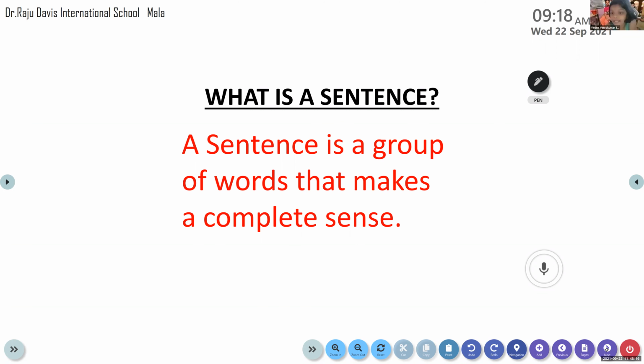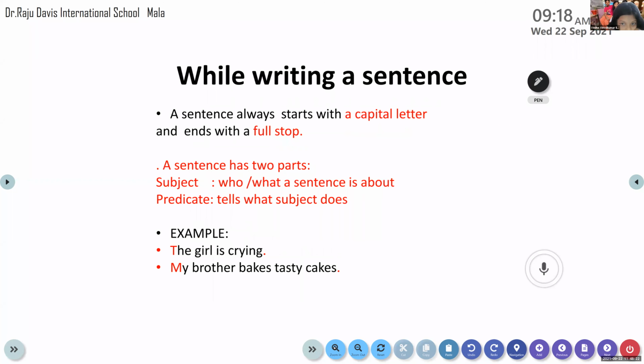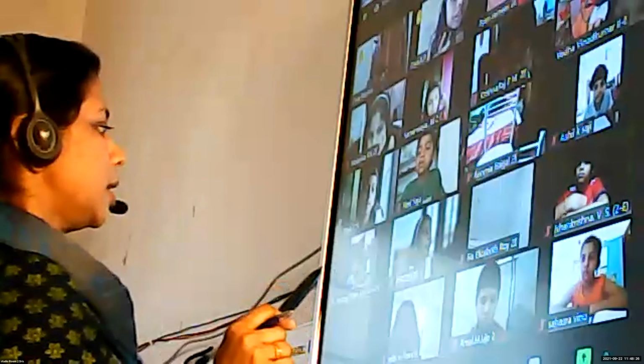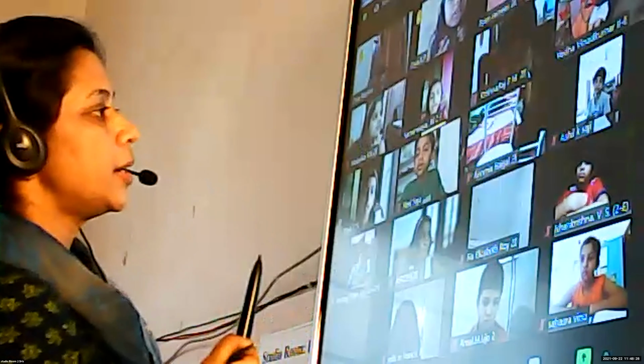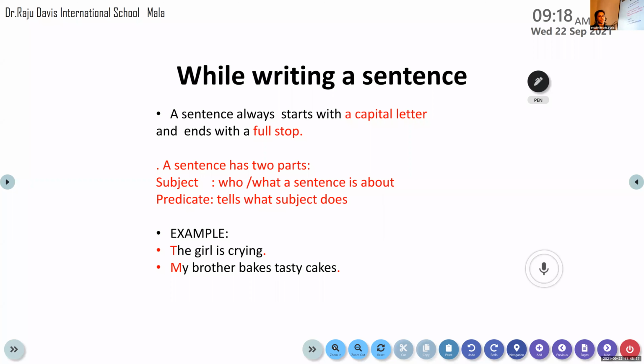Now, whilst writing a sentence, we need to follow certain rules. While writing a sentence, my dear children, we have to follow certain rules. Let us see that. What's the first rule we need to follow while writing a sentence?